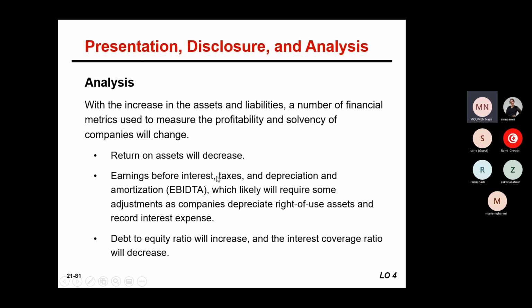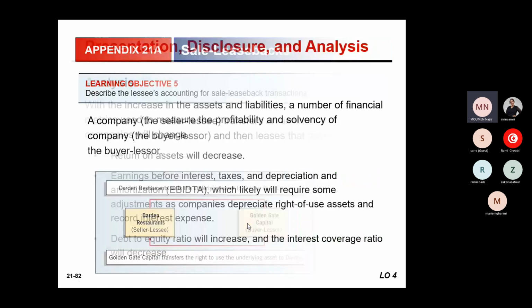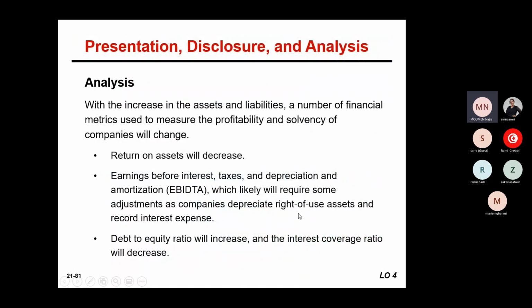Also, the earnings before interest, taxes, depreciation and amortization will have to be adjusted for the depreciated right of use asset and the recognition of interest expense. The debt to equity ratio will increase, because we now have higher debt, and the interest coverage will decrease because we'll have a higher amount of interest expense to pay.